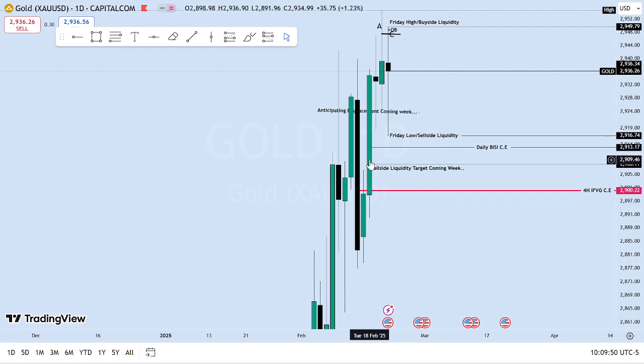It's another inefficiency. We have a high here resting above this candle. It's a high. The bearish candle is a low.